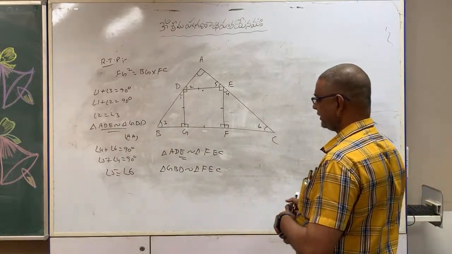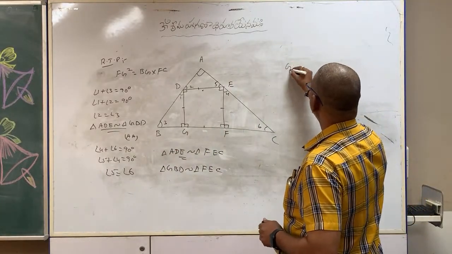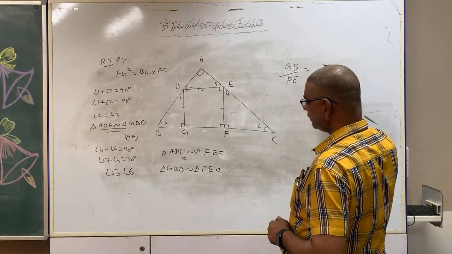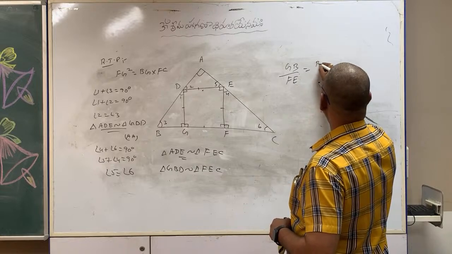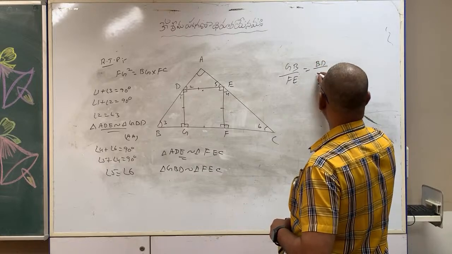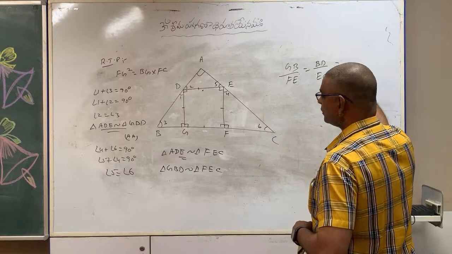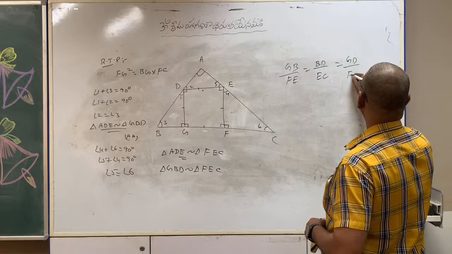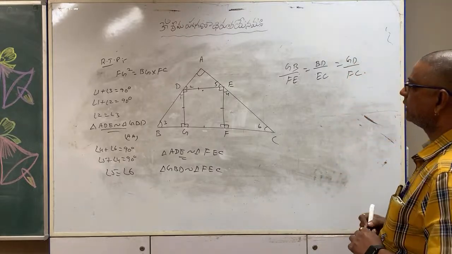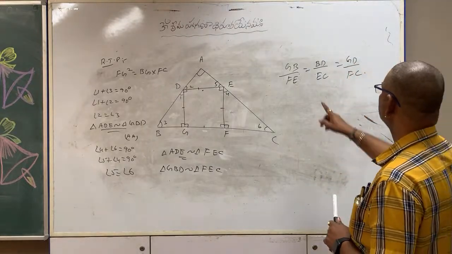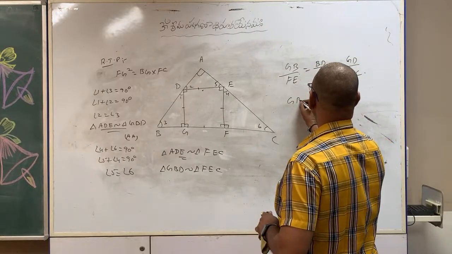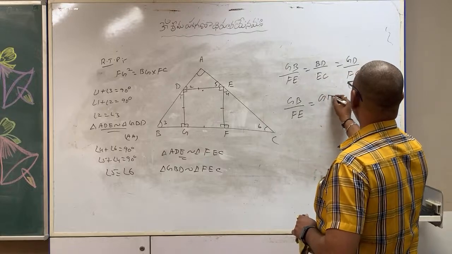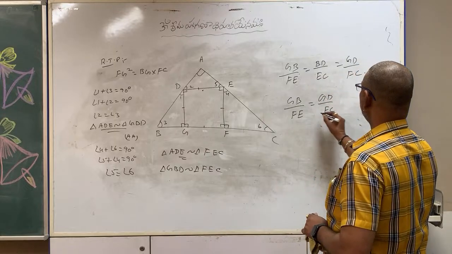The confusion was there. Next, GB by FE is equal to BD by EC is equal to GD by FC. Okay, what is FC into BG? It means the first one and the last one, GD by FC. Do cross multiply here.